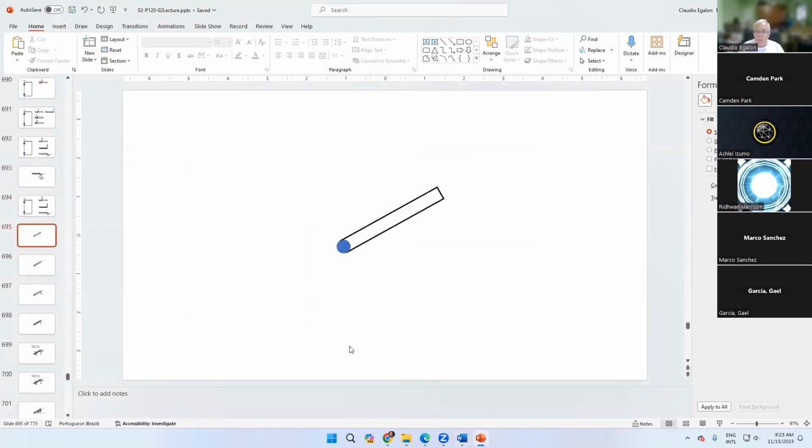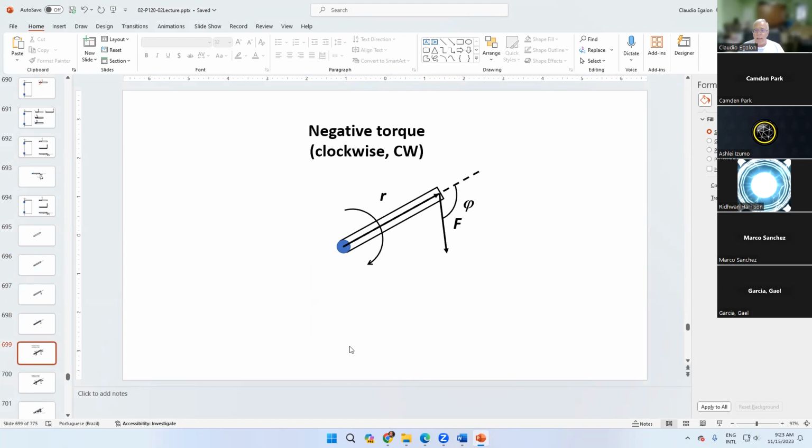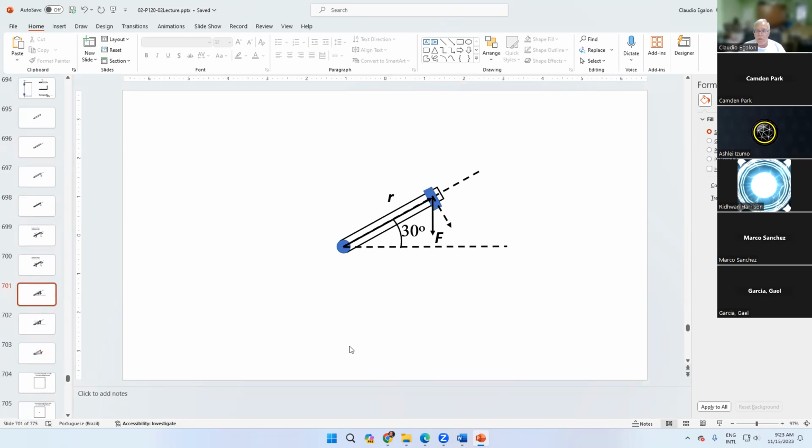So here we go. Here's the case of a single force applied to my rigid body, right? In this case, we have a negative torque because the torque is clockwise. Torque clockwise means that the vector torque is pointing into the board.